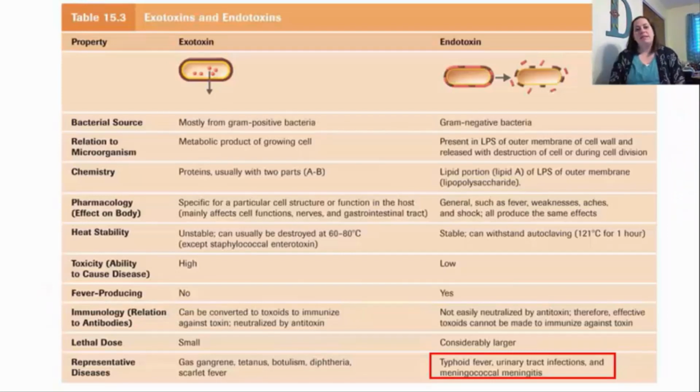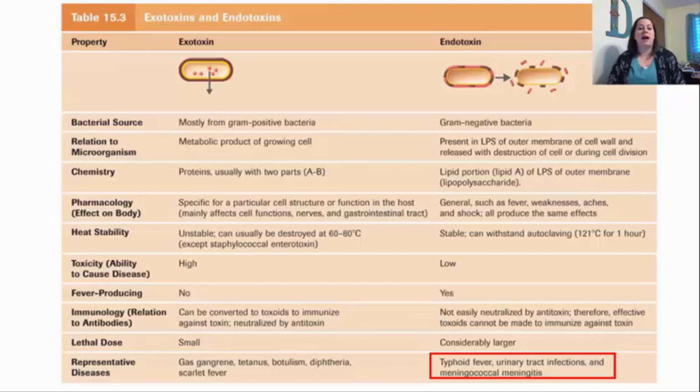All right, so this particular chart takes exotoxins and endotoxins and it does a comparison with them. It shows you that exotoxins are mostly from gram-positive bacteria, whereas endotoxins are more gram-negative. It tells you a little bit about their chemistry, their pharmacology. Are they heat stable? Are they very toxic or not?